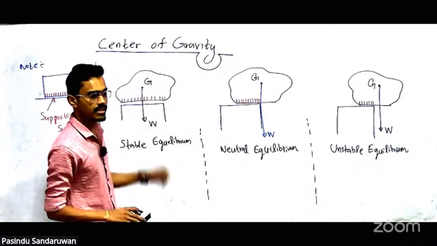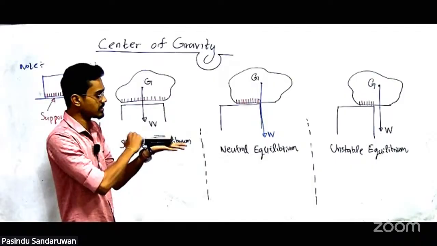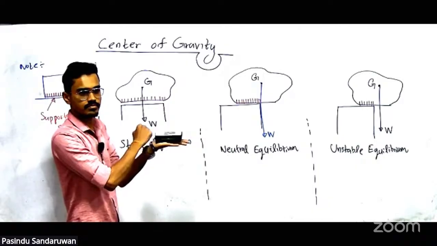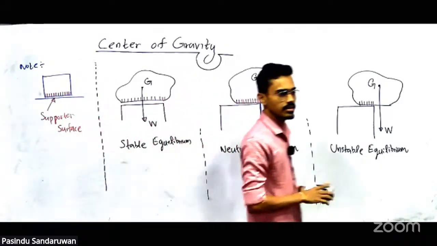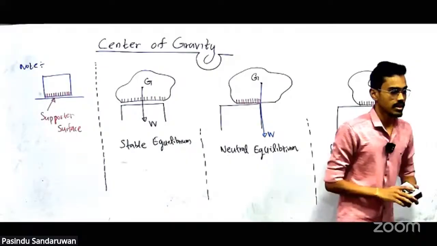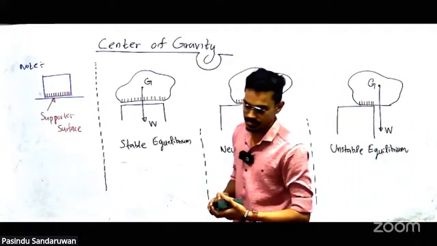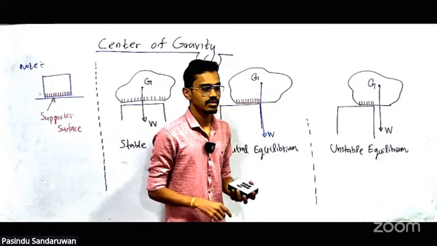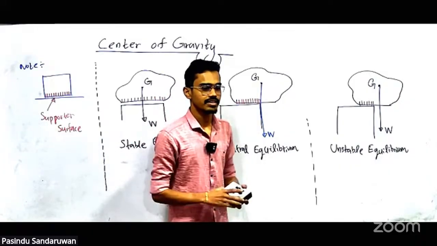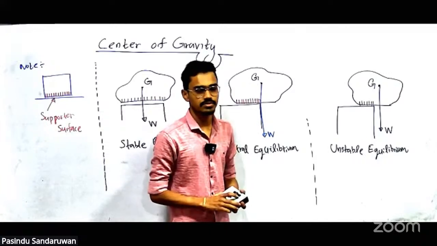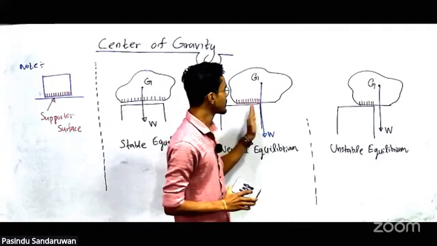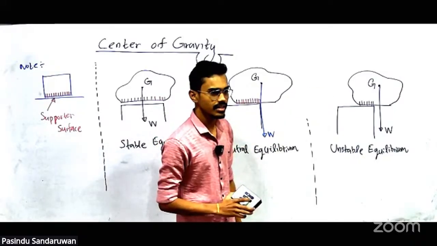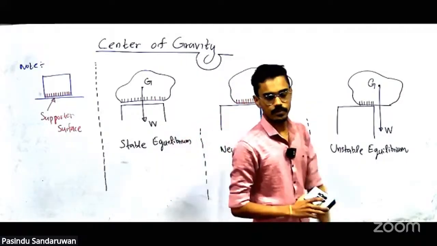How many unstable points? Infinite as well. How many neutral points? Only one. That is the beauty. Because if this is shifted to this side, it is stable; to the other side, it is unstable. So there is only one neutral point.